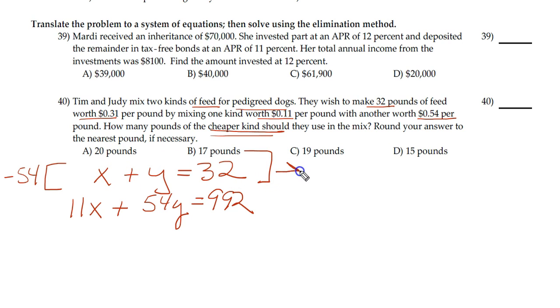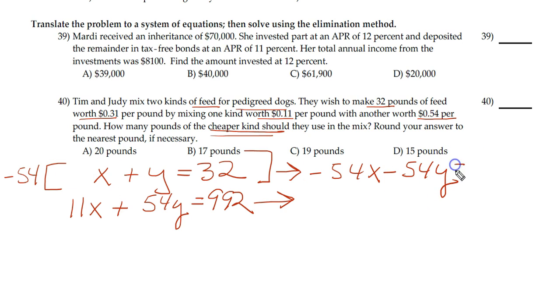So again, the protocol, put this over on the left so you can show what you've done on the right. So this will become a negative 54x. This will become a negative 54y.